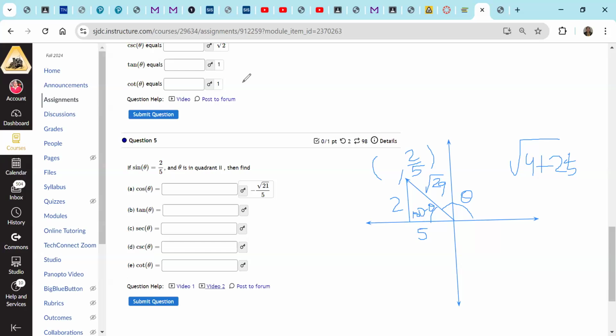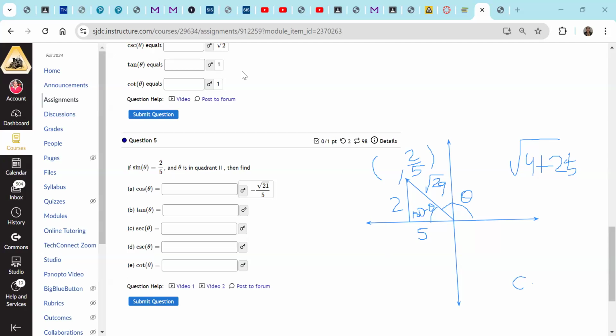Sine theta is 2 over 5 and theta is in the second quadrant. What would be this angle?